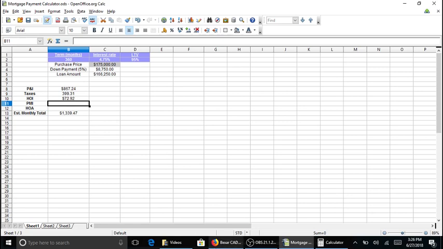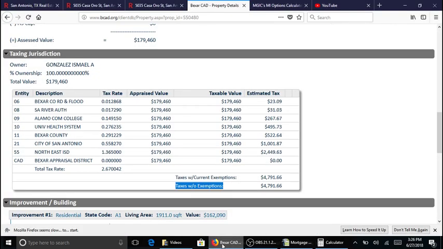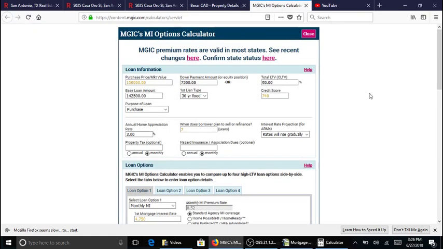Okay, so one website where we can go and figure out what that private mortgage insurance per month is, is MGIC. Go to Google, type in PMI or MGIC, and you'll get this website, and it'll ask you to enter some values in here. So let's go ahead and start.